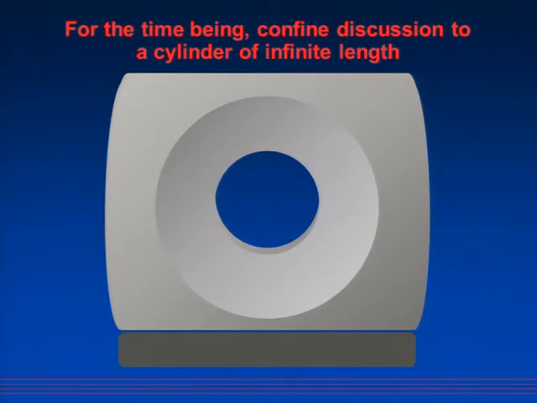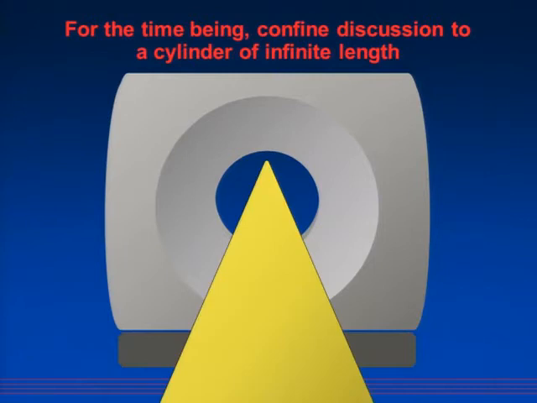For the time being, we're going to confine our discussion to a cylinder of infinite length. And in order to keep things as simple as possible, we start, as in the TG Task Group 111 report, with an infinite scan of an infinitely long cylinder. During such a scan, the dose at any point in the cylinder will asymptotically build up to its ultimate value, DEQ.